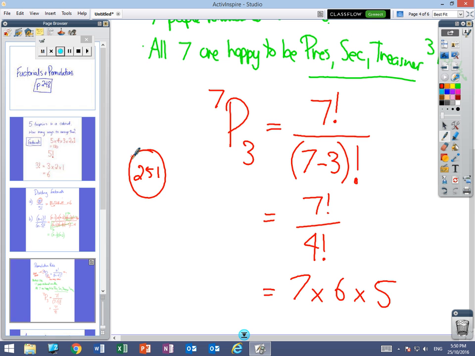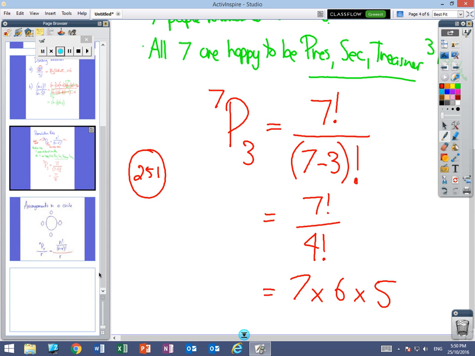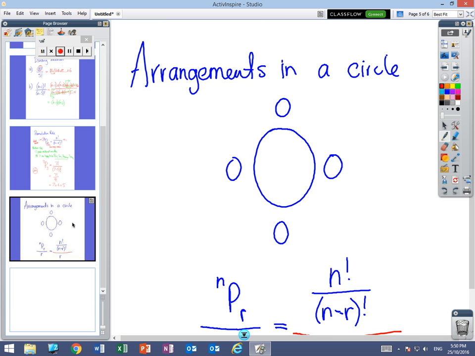Now, the very last thing I want to cover is what's known as arrangements in a circle. At the moment, we've put 4 things in a row, but when it's in a circle, it changes the dynamic a little bit, because in a row this one is not next to this one. But if they're in a circle, such as over here, the first and the last actually become next to each other.